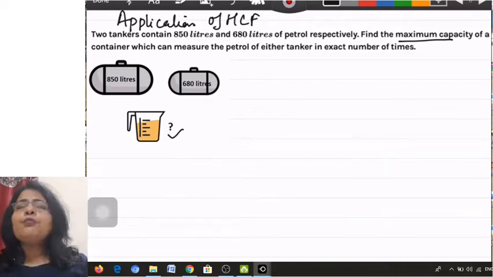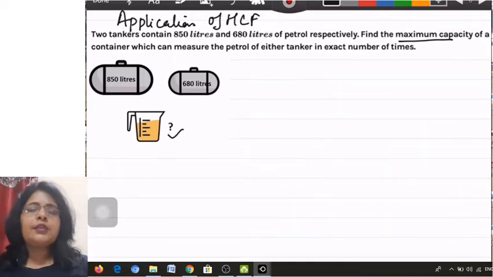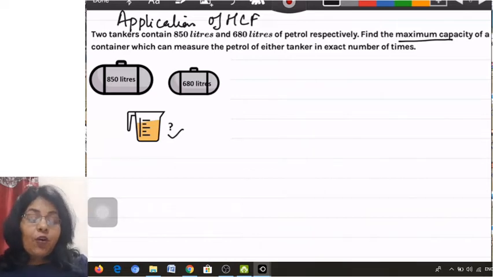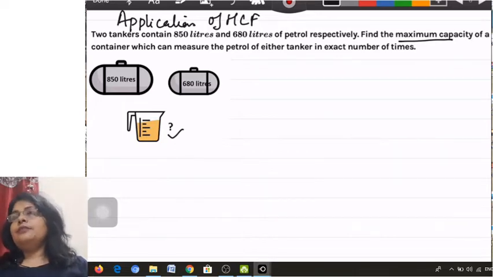No. You may fill it at once or in two turns. In the same way, we can use this container any number of times; no matter how small its quantity is, it will always be less than 850 and 680.